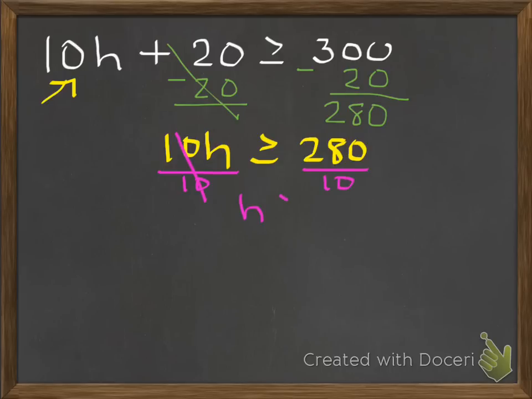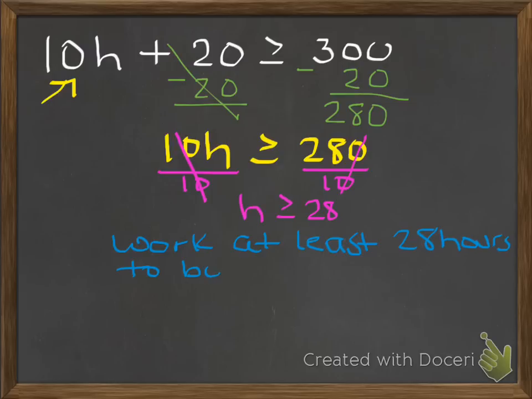So then you're left with h is greater than or equal to, cross those out, 28. And so what that means is that she would have to work at least 28 hours babysitting. Actually, we'll just say work at least 28 hours to buy the dress.